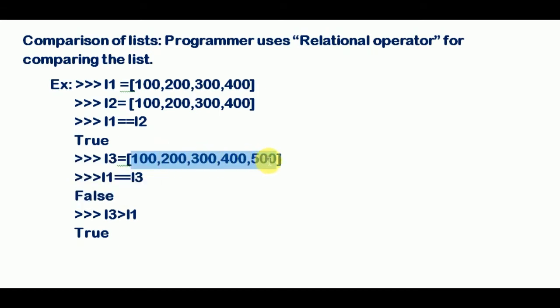Here we have 5 elements, 100, 200, 300, 400 and 500, and in L1 we have 4 elements. Now if we use L3 greater than L1, then it would give the true value because L3 is greater than L1.